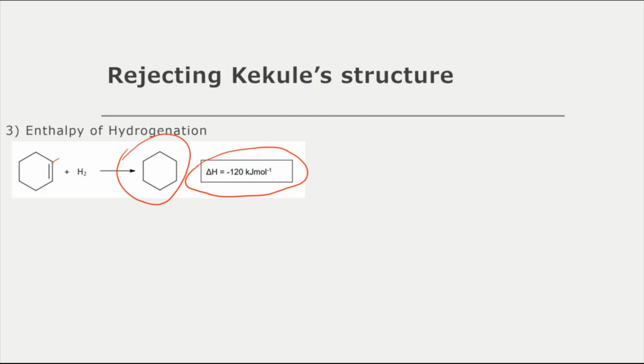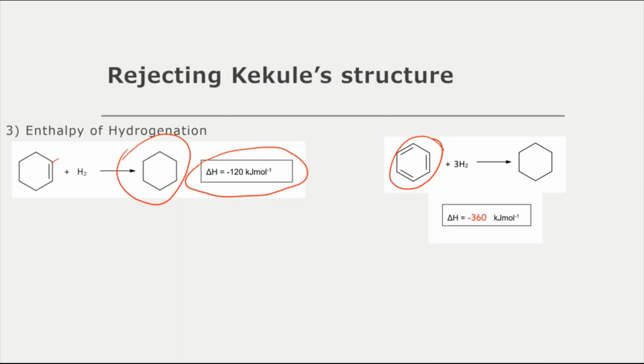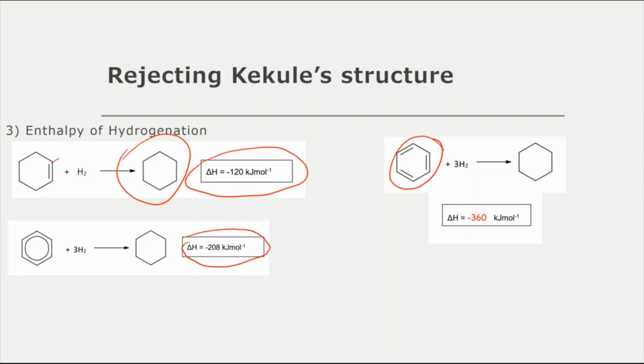So in that case, if we had 3 double bonds for the structure of benzene, then surely the enthalpy change would be minus 360, just multiplying minus 120 by 3. But when they did that, they got a different value. They got minus 208 instead of minus 360 for the enthalpy of hydrogenation of benzene.